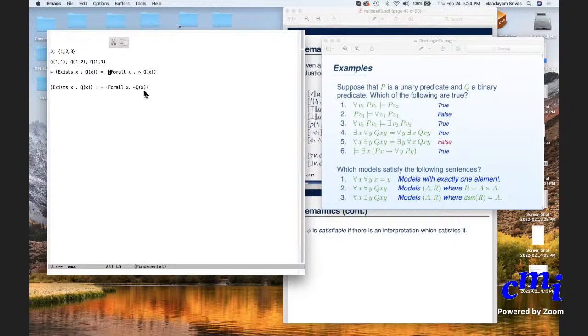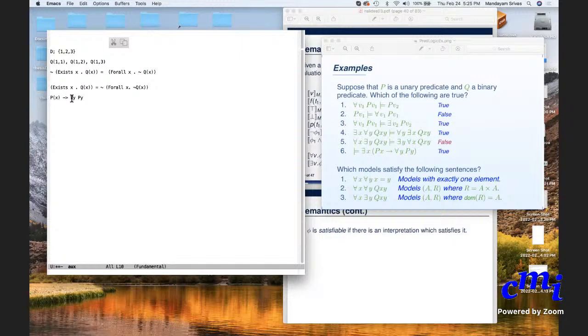So if we plug into q, what are you plugging in? So in place of q, it will be p of x and there exists y, not p of y. So for all x, p of x implies for all y, p of y.